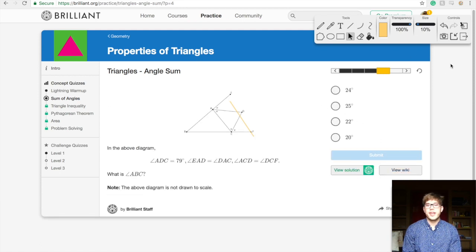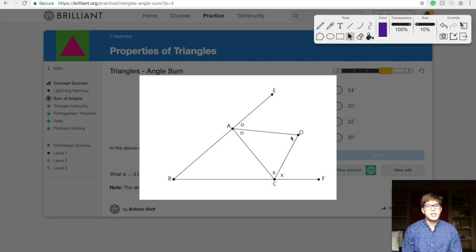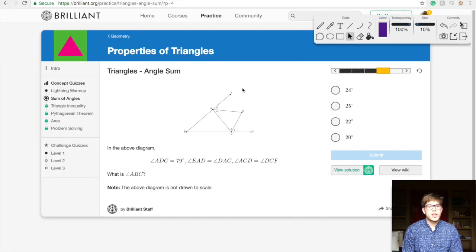That triangle, that line almost still fits. All right, let's see. Let me change colors, get a nice eggplant color. If angle ADC equals 79, so this angle is 79, EAD equals DAC, and ACD equals DCF.